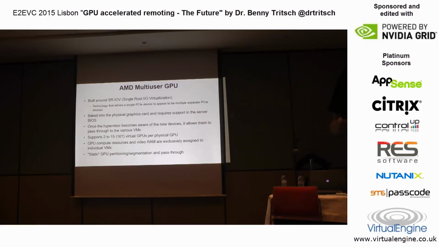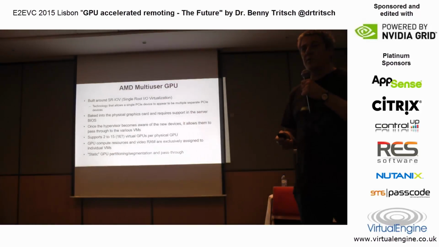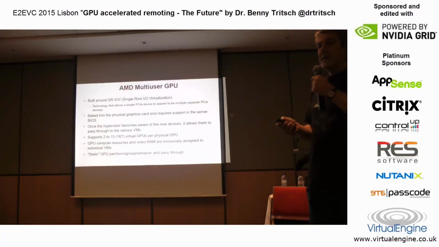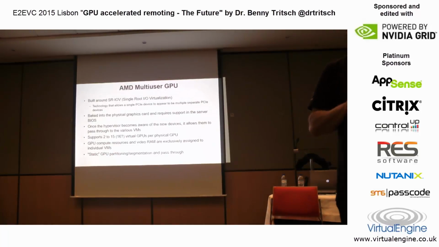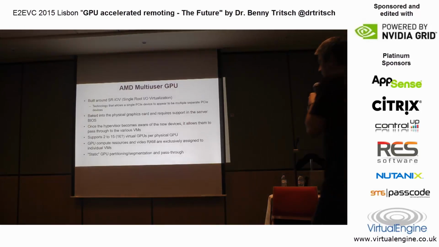So it's extremely predictable, no overcommit, never ever overcommit, both on the compute side and on the RAM side. On the other side, if the other users are not doing anything, that one user cannot take advantage of the resources that are available. Okay, the question is, what will be accepted in the market if both technologies, Nvidia and AMD, will be out there?